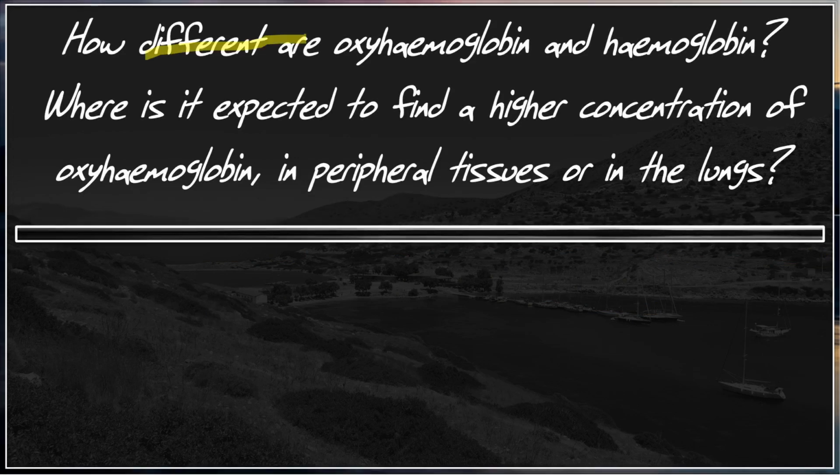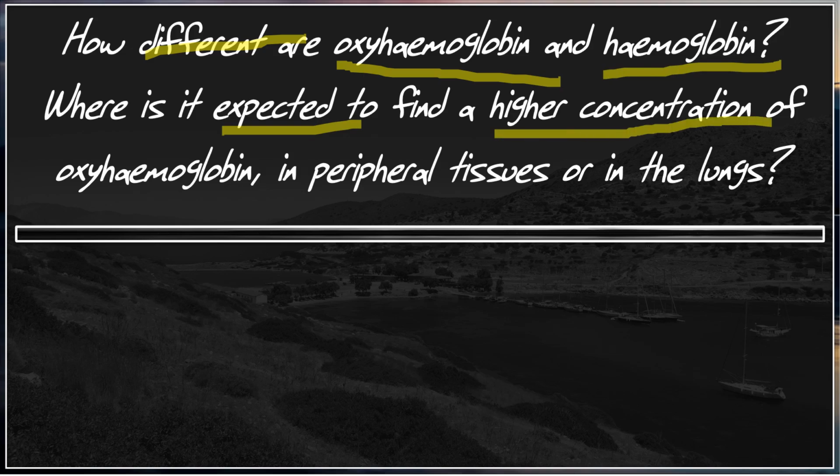How different are oxyhemoglobin and hemoglobin? Where is it expected to find higher concentration of oxyhemoglobin, in peripheral tissue or in the lungs?